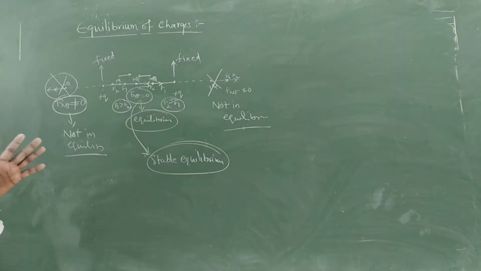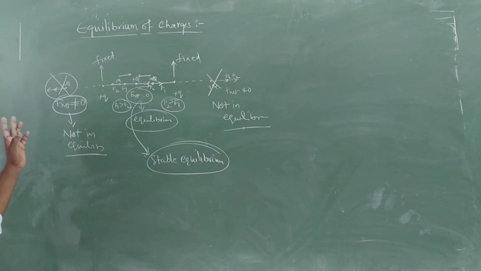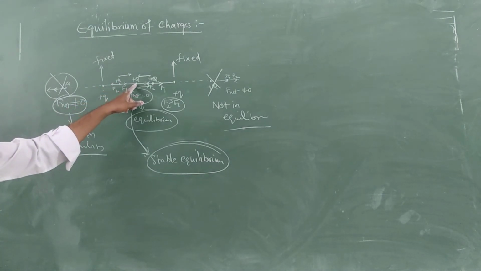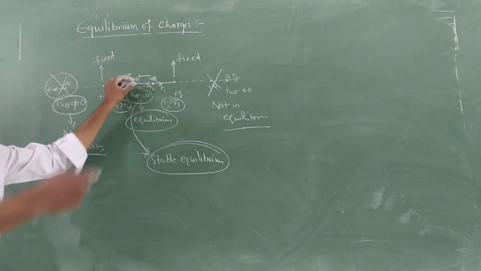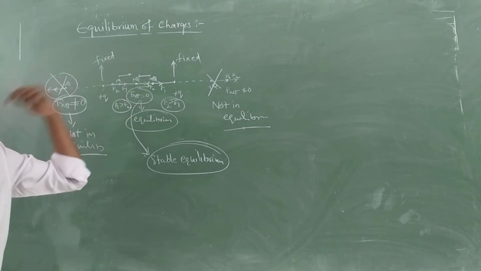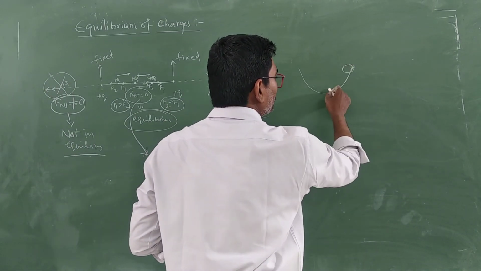Any doubt? Sir, when is it stable? If the net force is 0, but when you displace it to any side and release, if it comes back to its original position, then you can say it is stable equilibrium, like a bowl. This is the mean position.